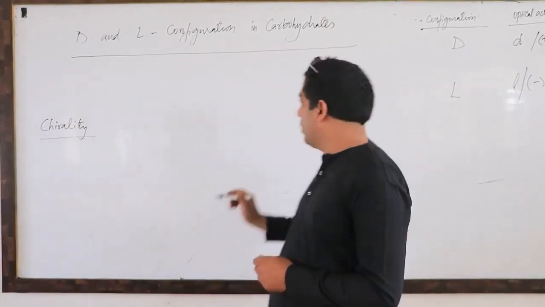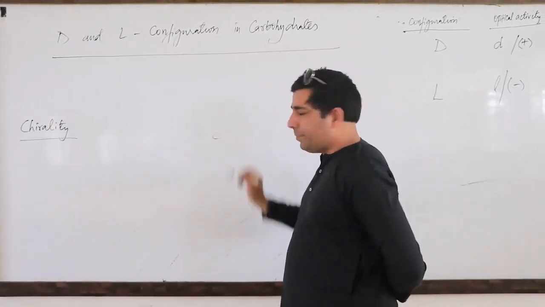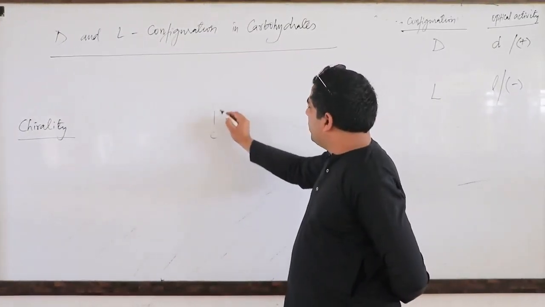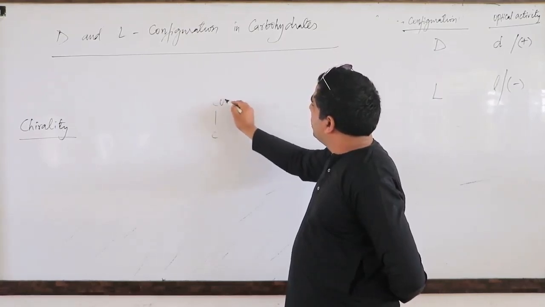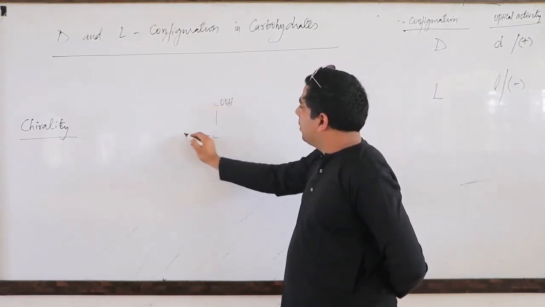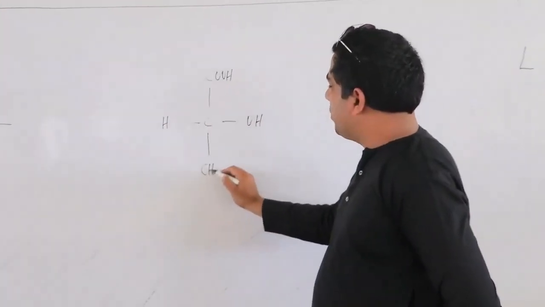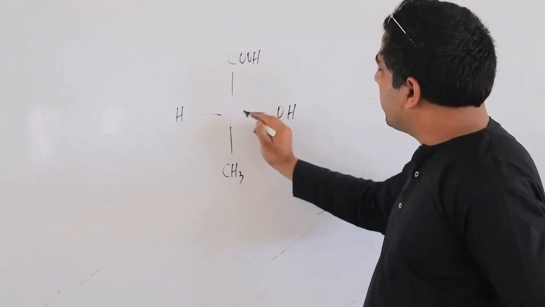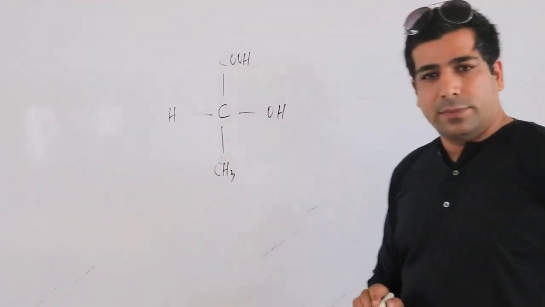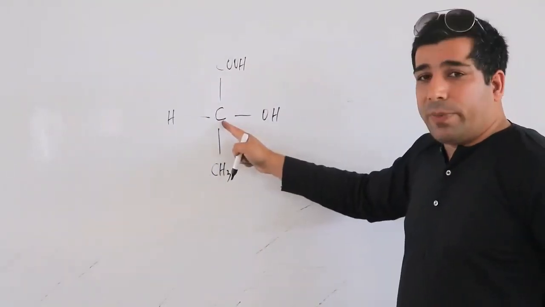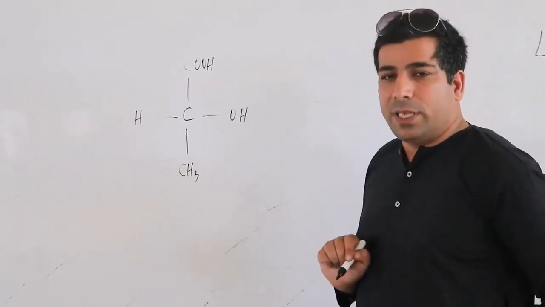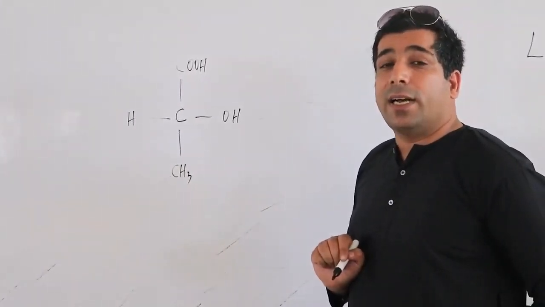Have a look. Let us suppose I have a carbon with me. This carbon is surrounded by, let us suppose, COOH group, H, OH and CH3. Now have a look at this carbon. This carbon is surrounded by 4 different groups. We call it chiral carbon.